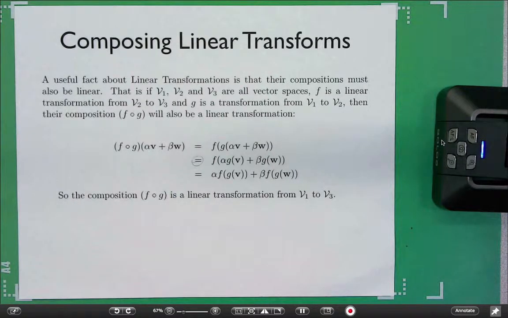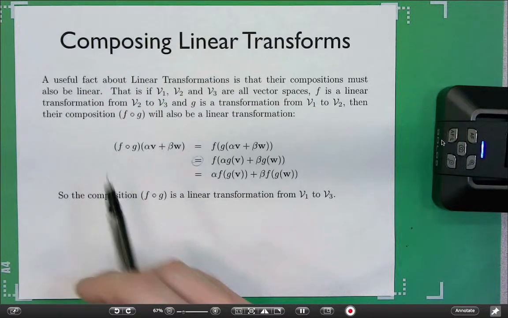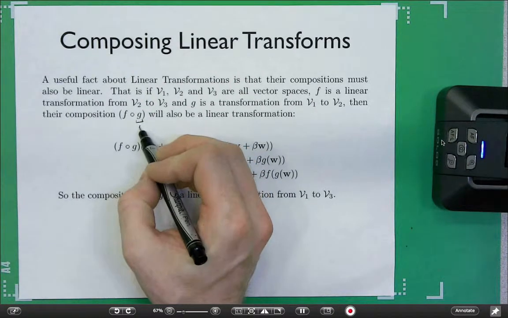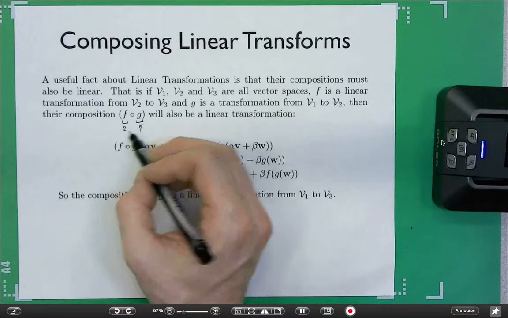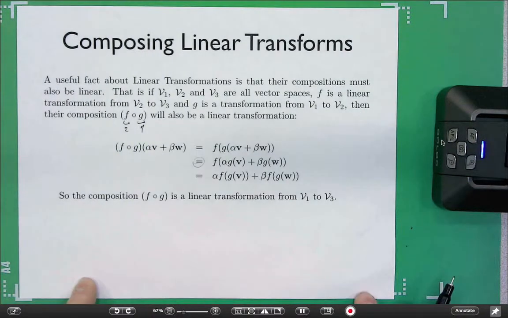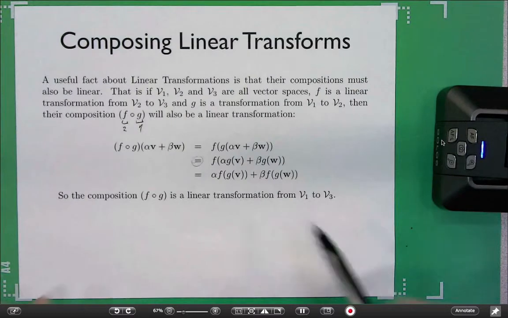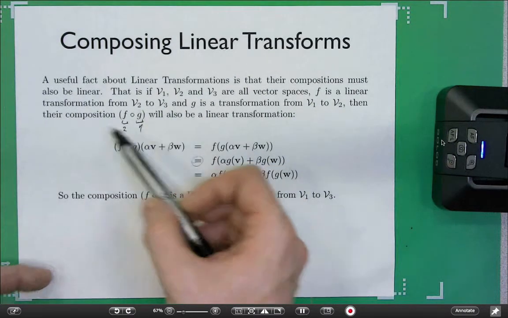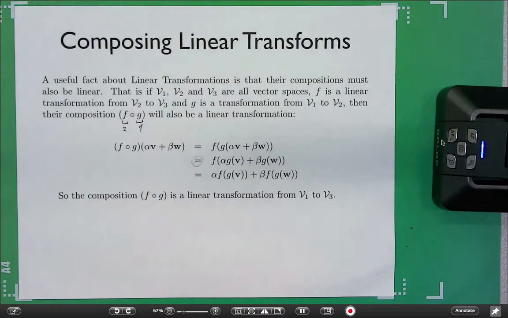Now, don't ask me why the convention works like this, that first I apply the one that's on the right, so this is the first, and this is the second. I would think that, at least for cultures used to reading from left to right, it would be more natural to apply it from left to right, but this is the convention.